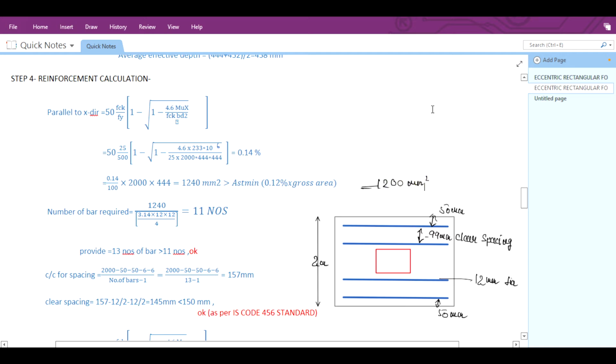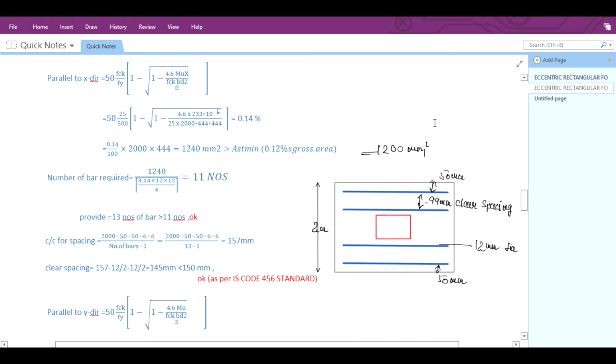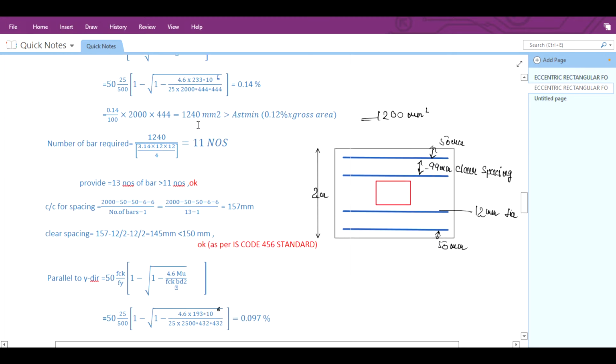So 1240 is greater than 1200 mm square. How it is calculated, we have already done in our previous lecture for the footing design, so you can check from there. You have to take the greater value, so it is 1240 mm square.